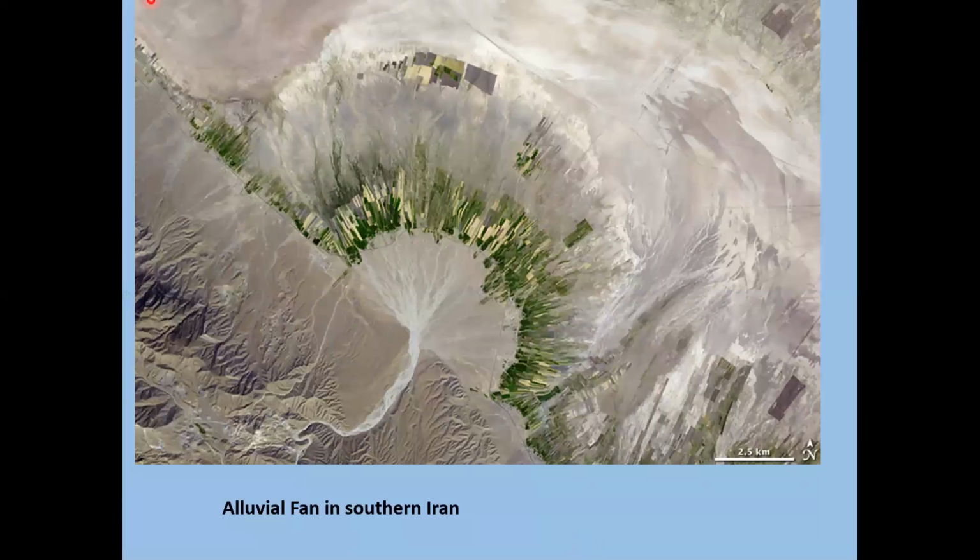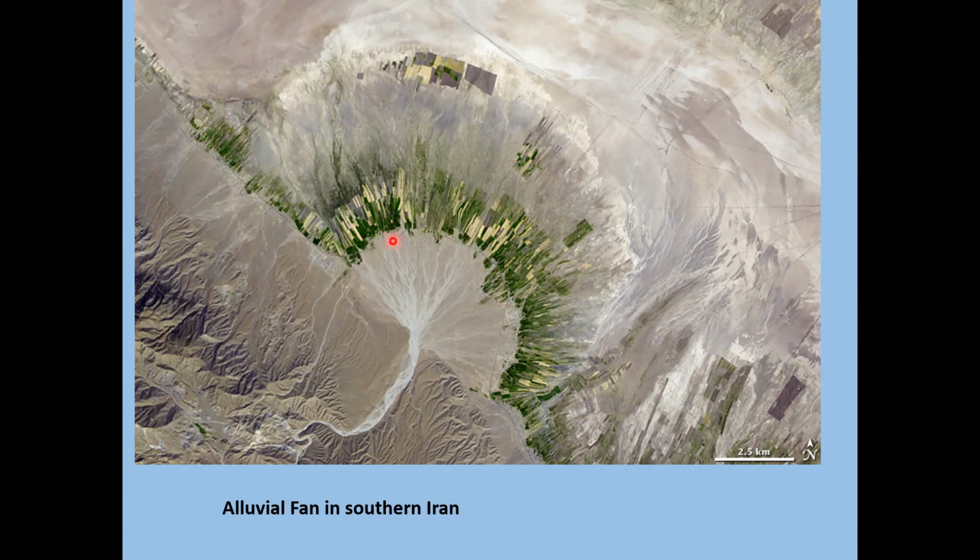And then this is a satellite view of an alluvial fan. Here are the mountains. There's a stream coming down. Look how it's braided itself. And then it hits this flat area out here, and the sediment is deposited out into this perfect fan shape. The heavier stuff would be here. The lighter stuff would be out in here, the sands, the silts, and the clays.